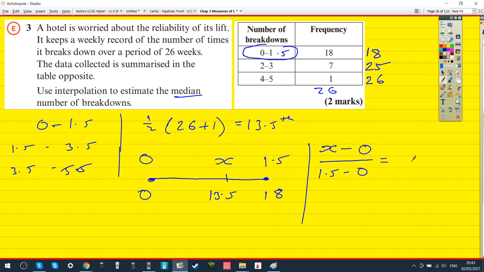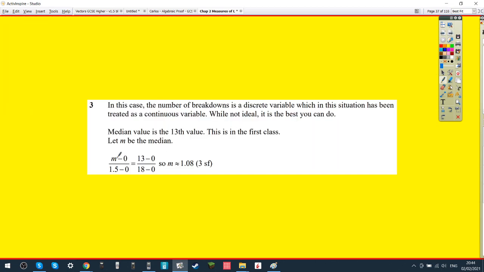Equals 13.5 minus 0, and then 18 minus 0. Yeah. And that would go in the calculator. You would get your x. And they called it m. And it's roughly 1.08. Great.